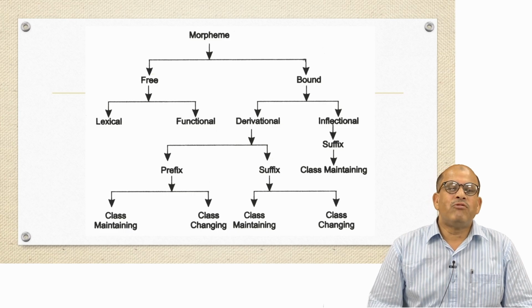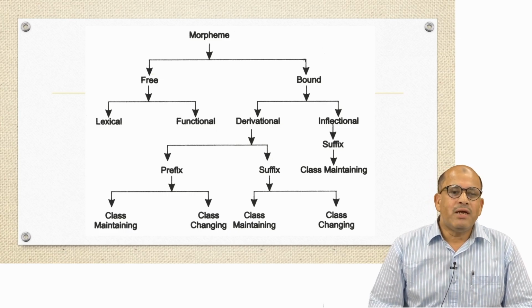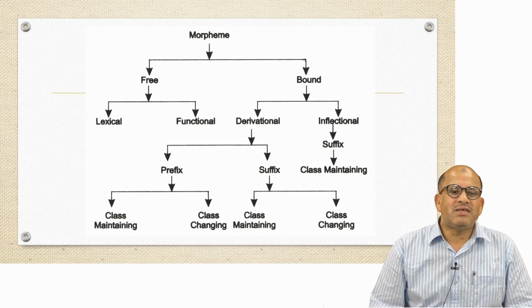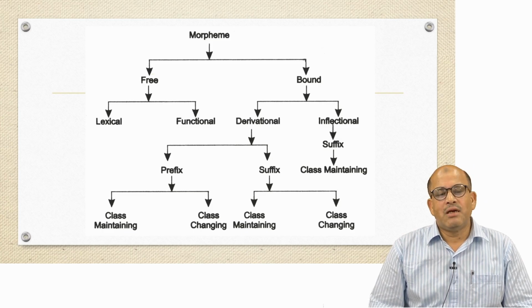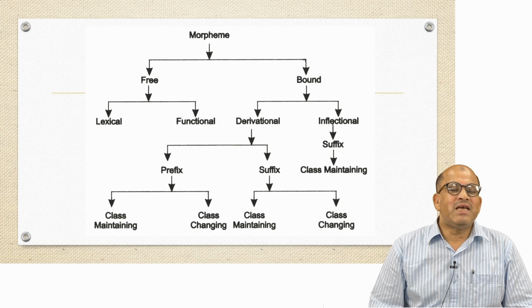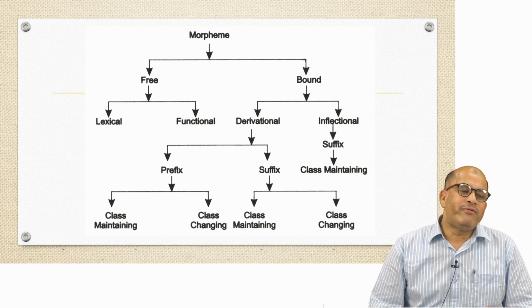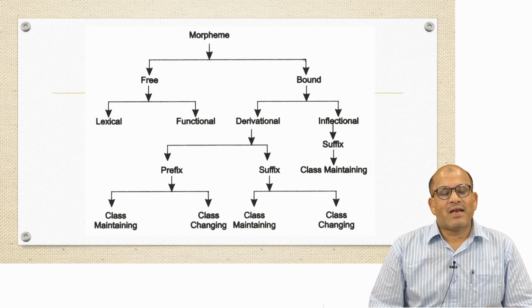Among derivational, we will be learning more in a minute. In derivational, we have prefix, and in prefix, we have class maintaining and class changing. Class maintaining keeps the same class of the grammatical category. Class changing is where we need to change the class of the word or form or morpheme.